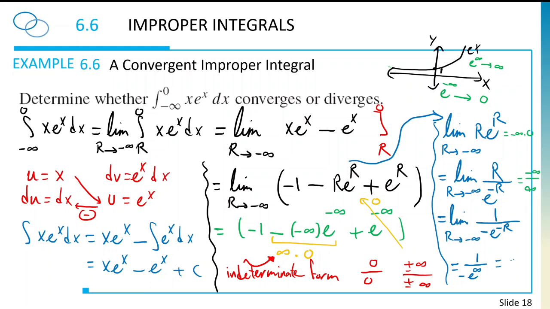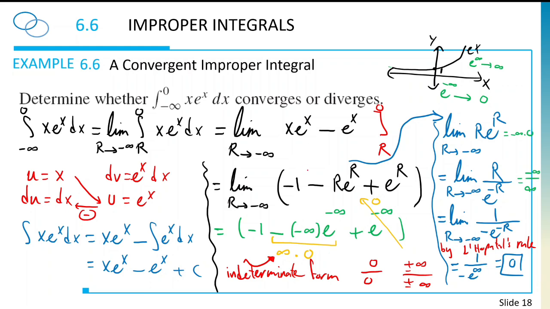And this is equal to what? 0. So what did I use here? You need to mention that. Here I used L'Hopital's rule.